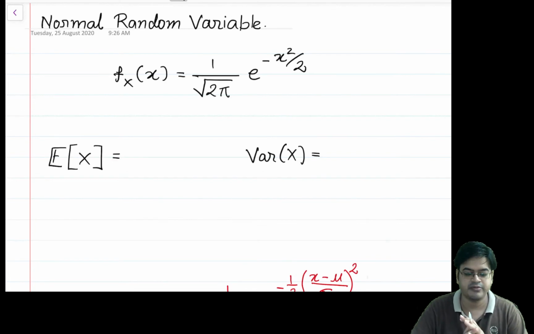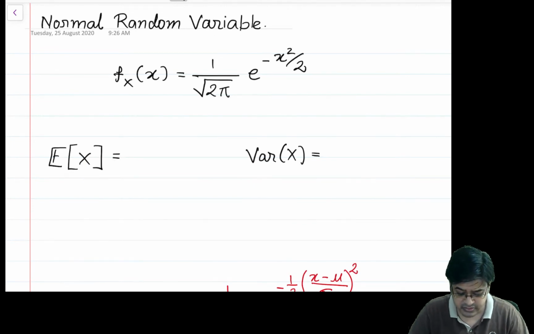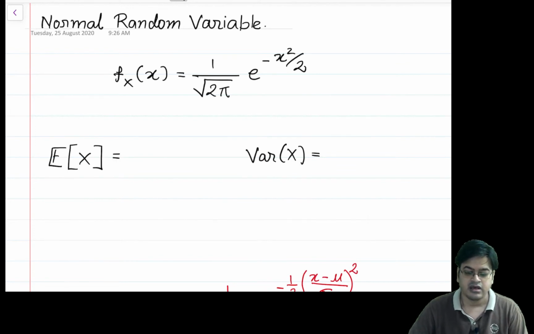It's a very popular random variable, and it is a special random variable which arises when you consider sums of independent identically distributed random variables which are very small.